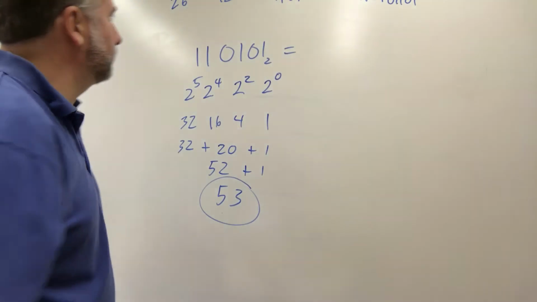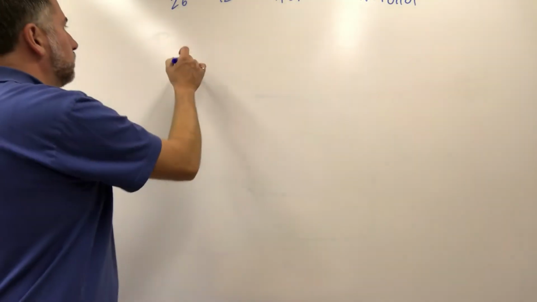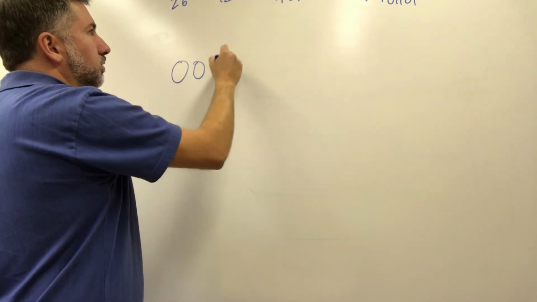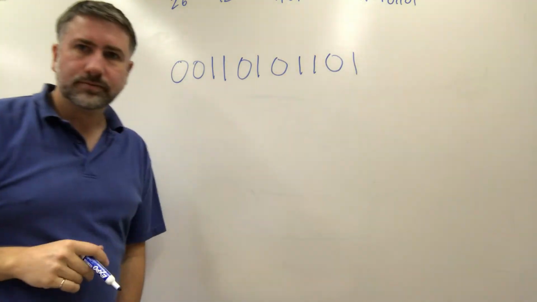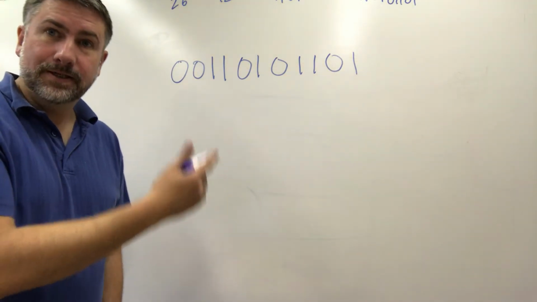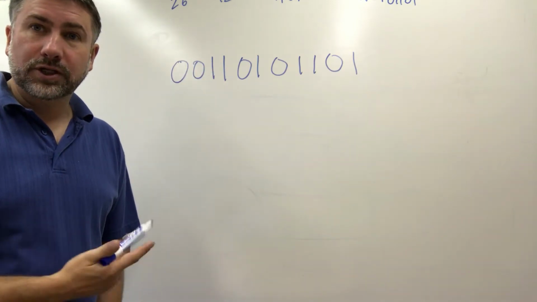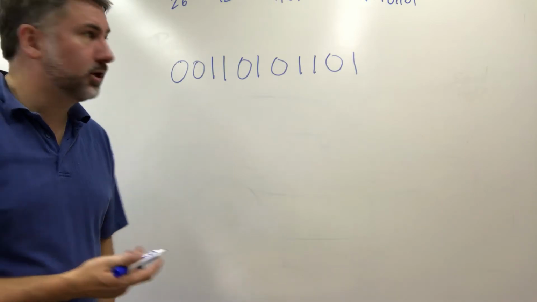Okay? Now we get to the big long binary one, which we'll see what its value is. 0, 0, 1, 1, 0, 1, 0, 1, 1, 0, 1. Just like before, all we have to do is take each bit in turn, figure out what its place value represents, and then add them all up.